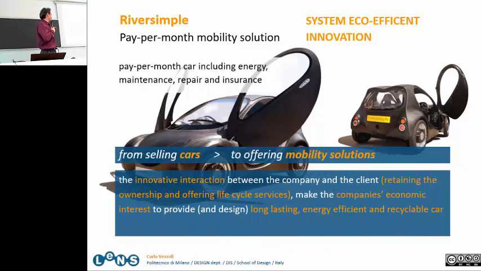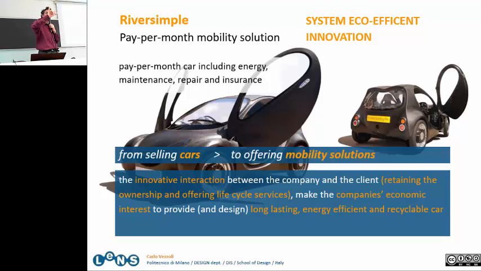But again here, as in the other case, what came before is not the point, because the car is electric, it could even be powered by hydrogen and so on, but at the beginning, the innovation is in terms of an innovative interaction among the stakeholders, a new business model. I'm not selling you the car; you're paying per month. I'm giving you insurance and other services and so on.